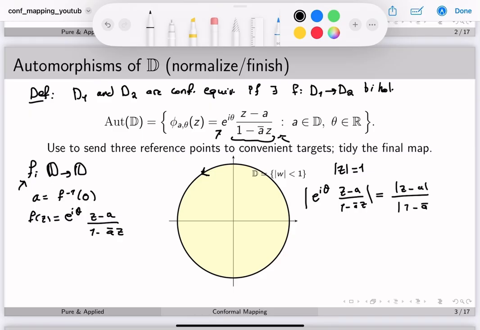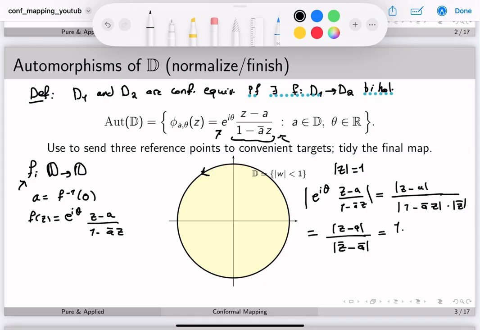I'm going to rewrite it first of all, and then I'm going to multiply by the modulus of z bar, because the modulus of z bar is just 1, because the modulus of z is 1. And then by the properties of modulus, this is simply z minus a over z bar minus a bar, because z bar is 1. And the modulus of the top is the same as the modulus of the bottom. So this is 1. And what happened is the unit circle got mapped onto the unit circle.